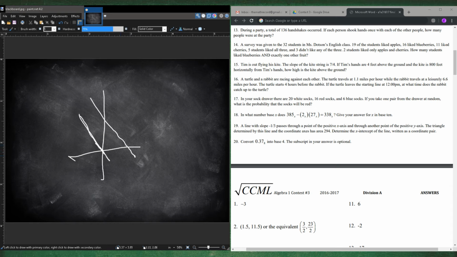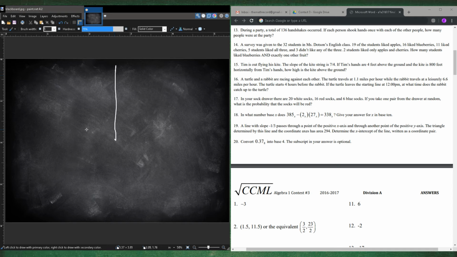So it has to be higher than right here. Imagine this parallel. You have to move this over. So let's be here, ish. The triangle determined by this line and the coordinate axes has an area of 294. Determine the x-intercept of the line written as a coordinate pair.